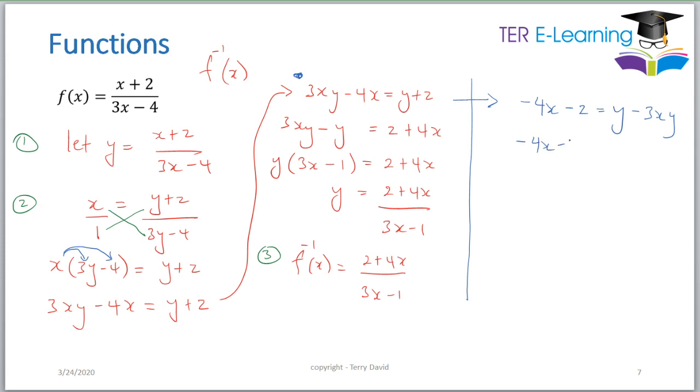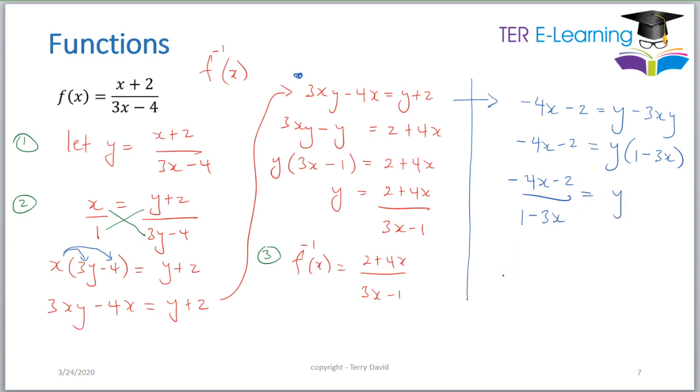Then they factorize it like this, y into 1 minus 3x, right? And they did that.